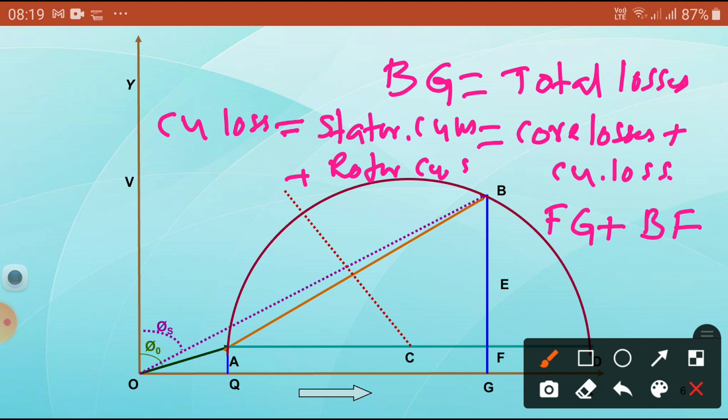Okay, then what happens? Under blocked rotor conditions at rated voltage, the power input is equal to BG. That is whatever power is consumed in the form of losses. What are the losses? The fixed losses and copper losses. Now the fixed losses are FG.